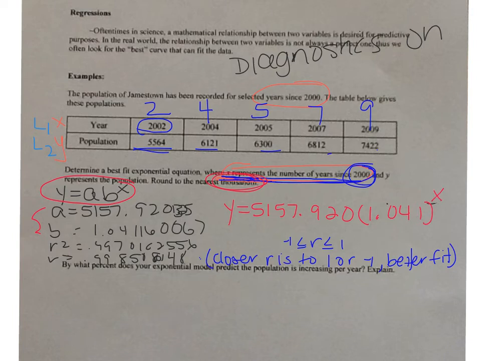That's your exponential regression equation, and that's the work that you would have to show. The black stuff over here shows your work, and then the equation with your a and your b rounded in here. Okay, so now let's take a look at the next part.